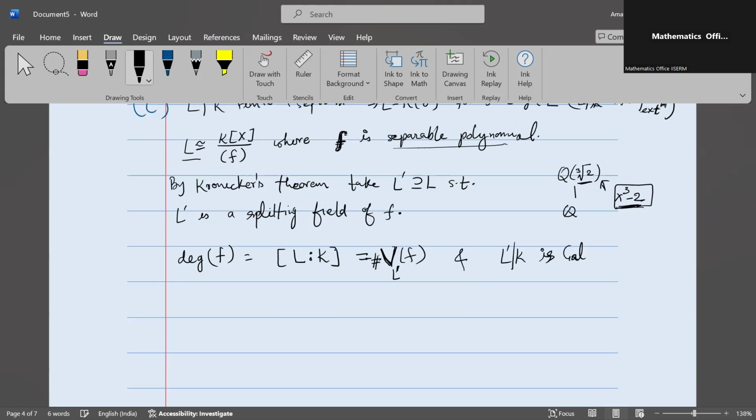We have just taken the Galois closure. We might see this in the next classes. This is called the Galois closure of L over K. This is a Galois extension. We already used a trick like this before also.